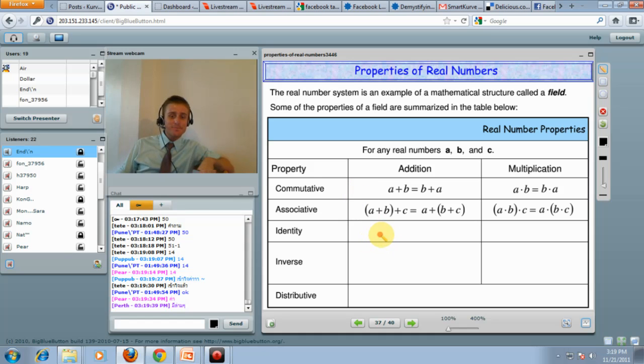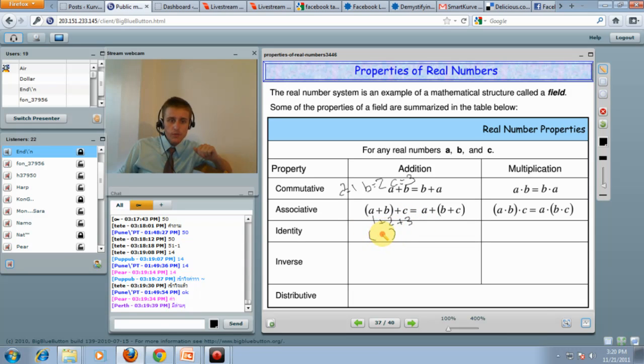For associative, same concept as commutative. A plus B in parentheses plus C equals A plus B plus C in parentheses. So, if A equals 1, B equals 2, and C equals 3, A is 1 plus 2 plus 3.